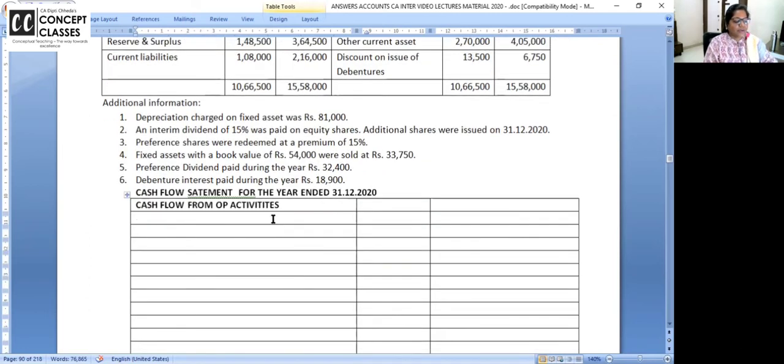So cash flow statement from operating activities will always start with what? Net profit. Net profit as per P&L account, which is missing. Net profit as per P&L account. And then some add, some less you will do. Okay. So leave around 5-6 lines. And then you have working capital changes.